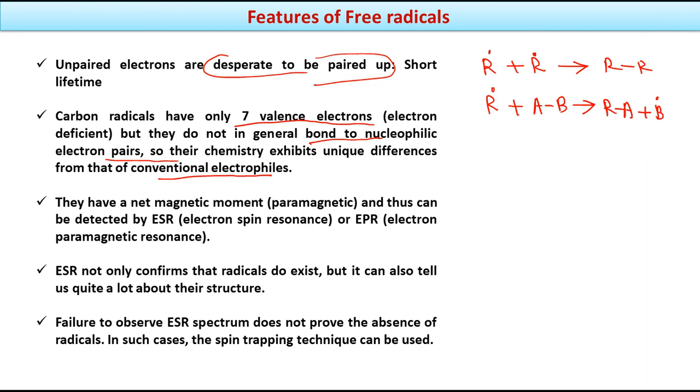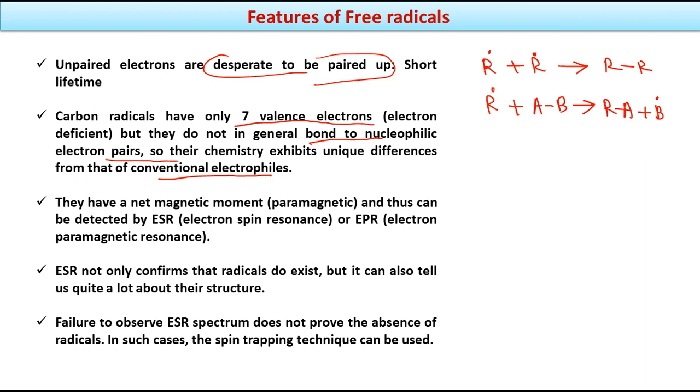One more point, failure to observe ESR spectrum. Suppose the spectrum is giving us a negative result, so we should not draw the conclusion that it is not present. It doesn't prove the absence of radicals, that no radical is there. That may not be true, because it may be very transient, its half-life may be very low compared to the ESR timescale.